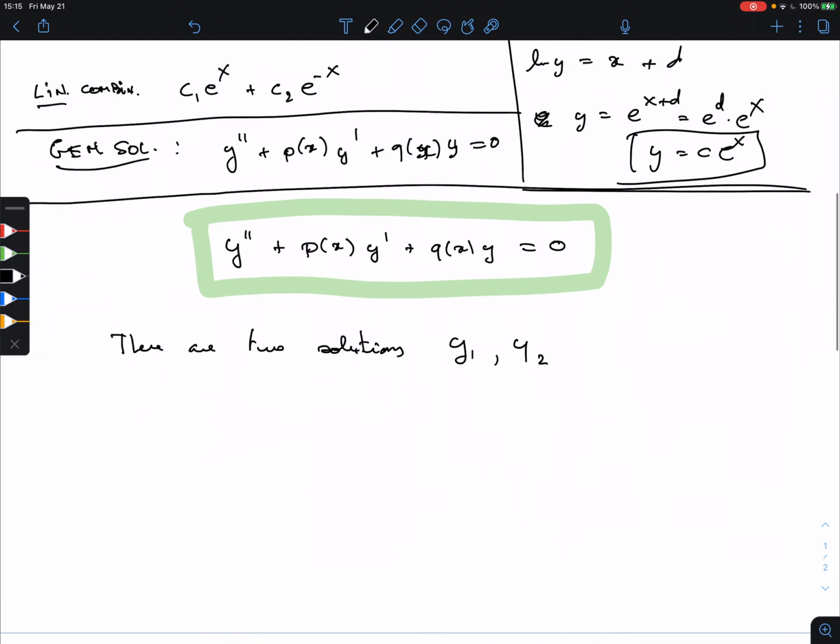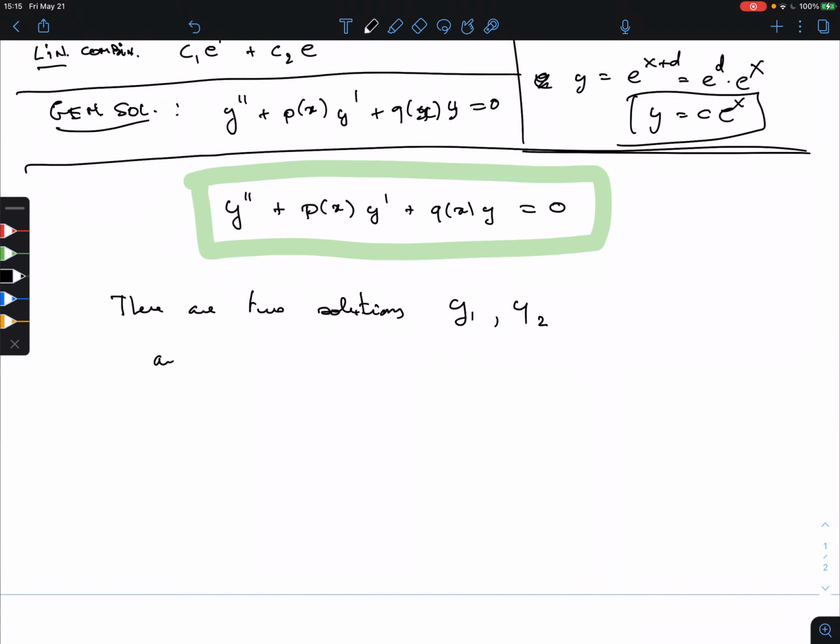So we have two solutions, called, let's see what they call this. These terminologies are sometimes a fundamental system of solutions. That sounds very grave, right? Fundamental system of solutions. What does that mean?